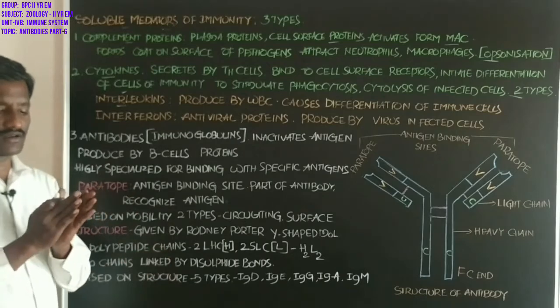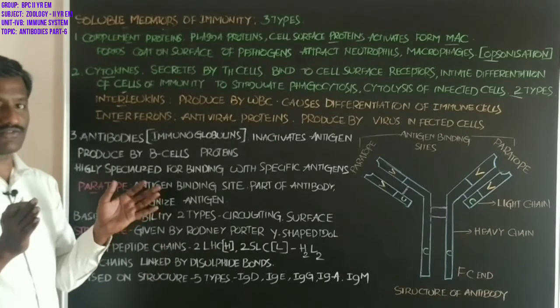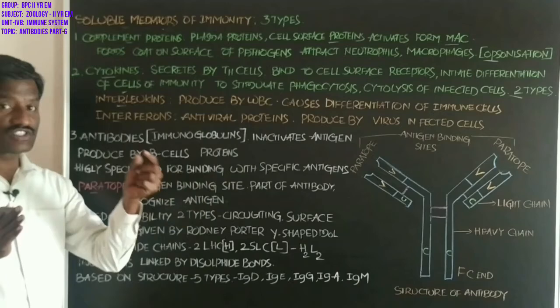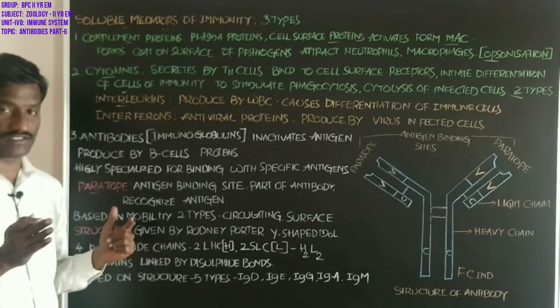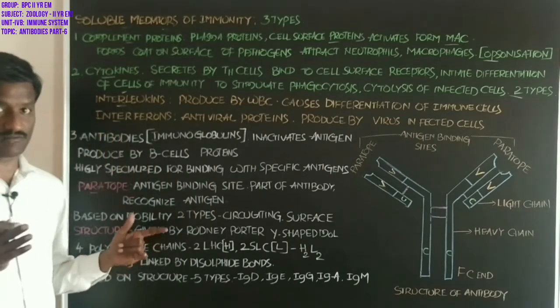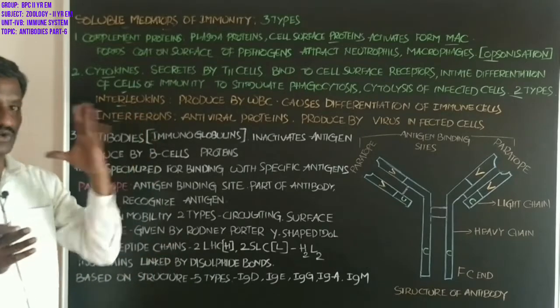For example, TC cells differentiate into cytotoxic T lymphocytes and effector T cells. This is possible by the interleukins.